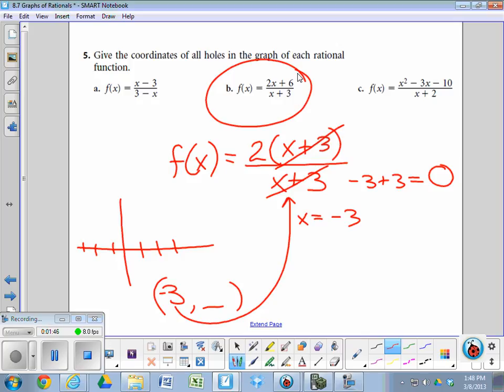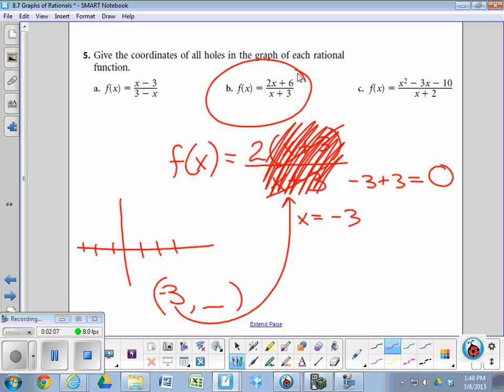Well, to find the y value, you plug negative 3 into the equation in the part that didn't cancel out. Well, what's left in the equation after everything cancels? 2 over 1. Is there anywhere to put x?